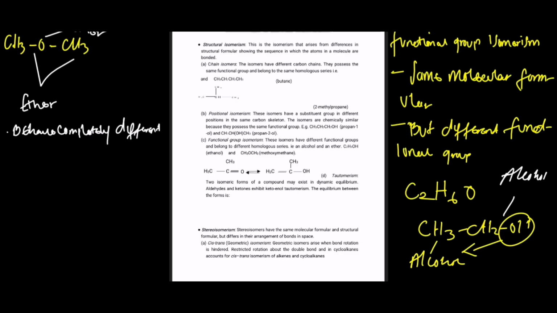Now there is also another type, from your slide D, which is the tautomerism. The tautomerism is just a special type of isomerism. Here, two isomeric forms exist in dynamic equilibrium.